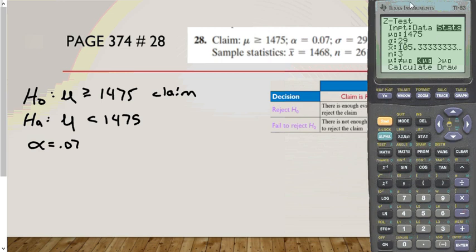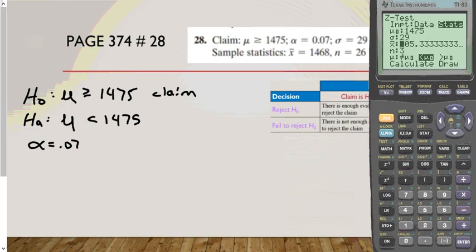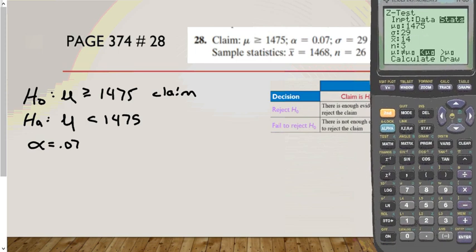The sample mean is 1468. And then our sample size is 26. Now the alternative is that it's actually less than that. So our claim is that it's greater than or equal to 1475, and the alternative then would be that it is less than this. So let's go ahead and calculate.